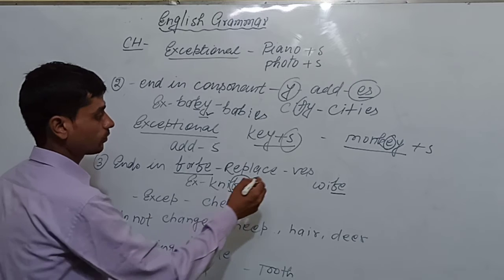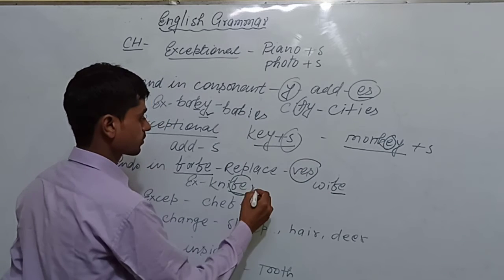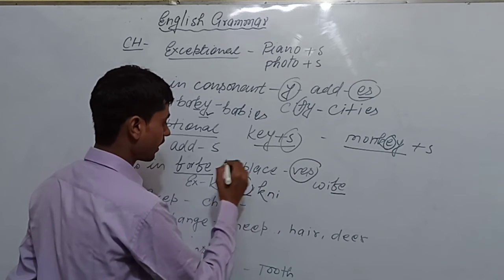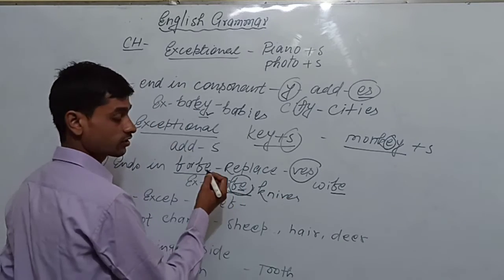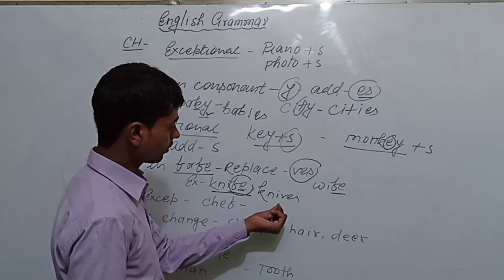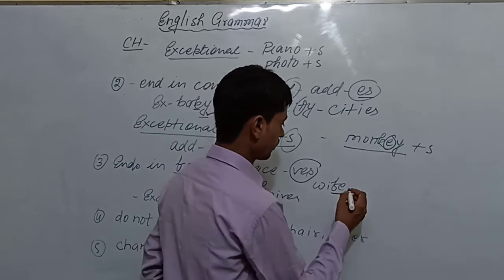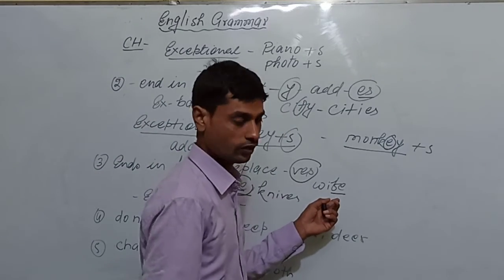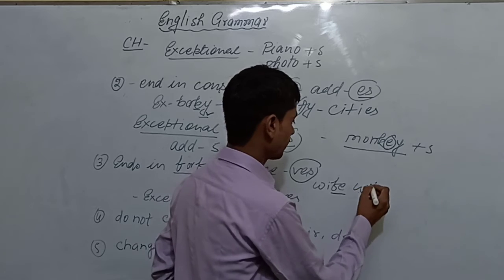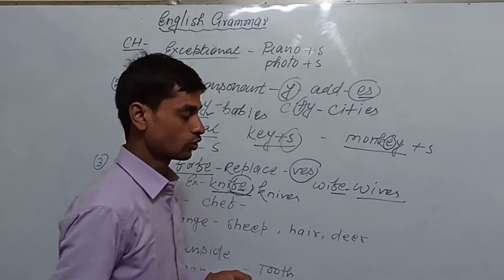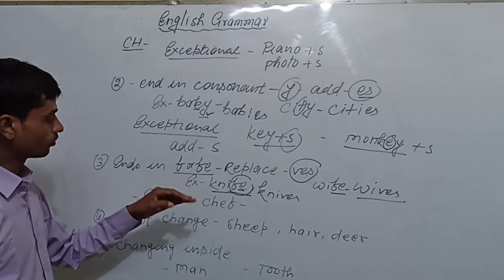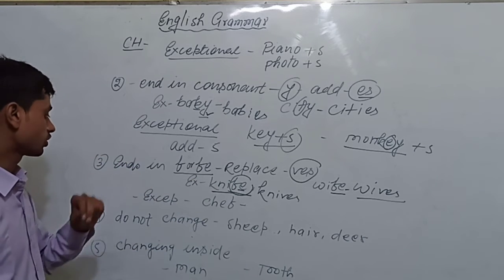So fe को replace किसमें करेंगे? ves में. Knife means chaku, and it will be plural knives. Now wife. What is the last letter? Fe, and fe is replaced with ves, and wives. So we can change the singular into plural according to this formula.